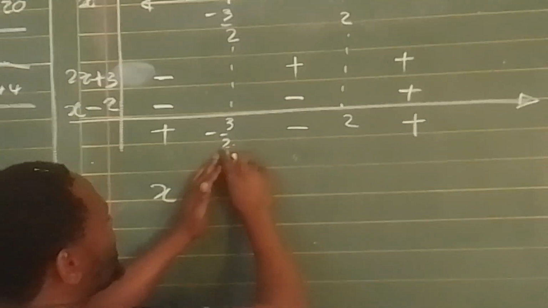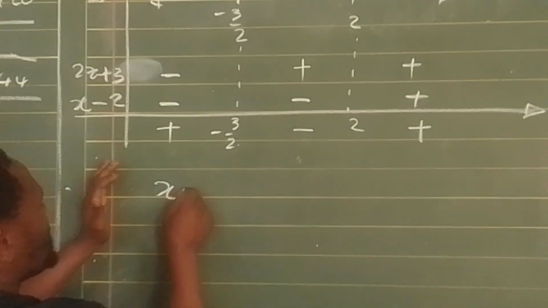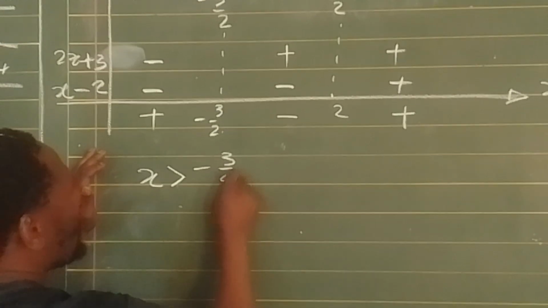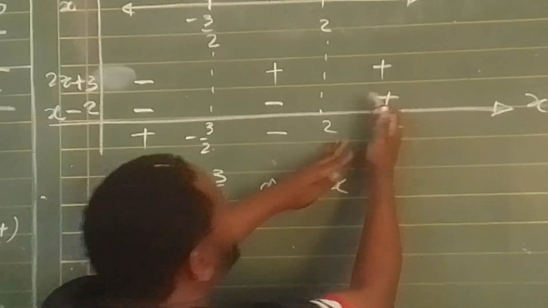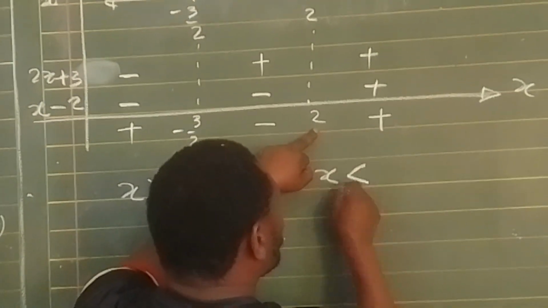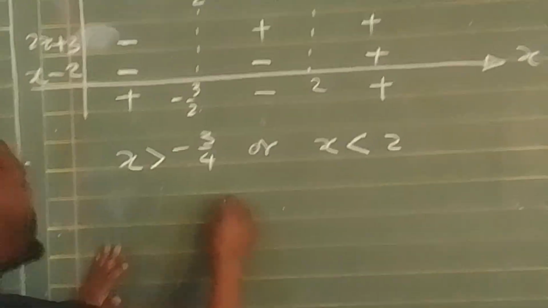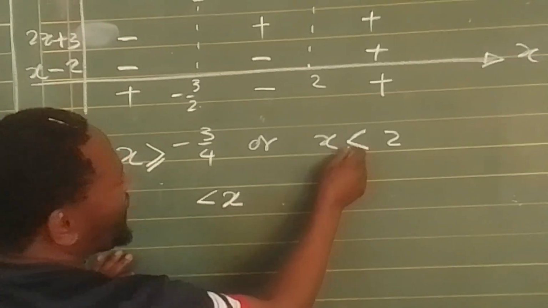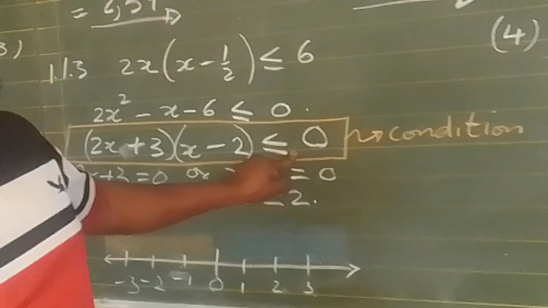So that means x must be greater than minus 3 over 2, or x must be less than 2. You take these two, you combine them together, or greater for that matter, because we have the inequality of greater or equals to.